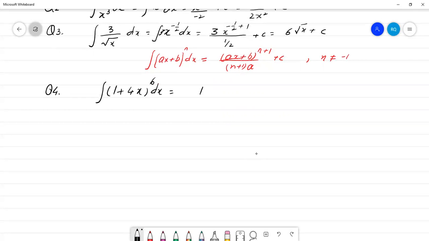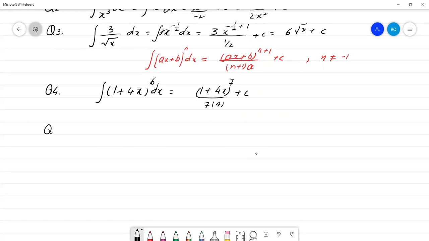So what you'll have is 1 plus 4x raised to power 7 over 7 into 4 plus c. Where this 4 comes from, this 4 is the coefficient of x. So you have to write this one, or this 4 is the derivative of the expression within the whole power.